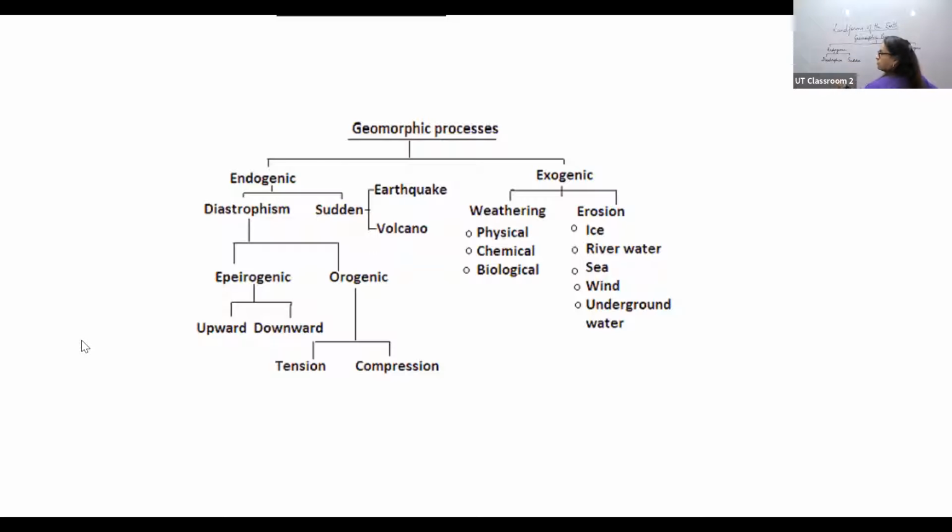In diastrophism, you have epeirogenic and orogenic. In epeirogenic, you have upward, downward.